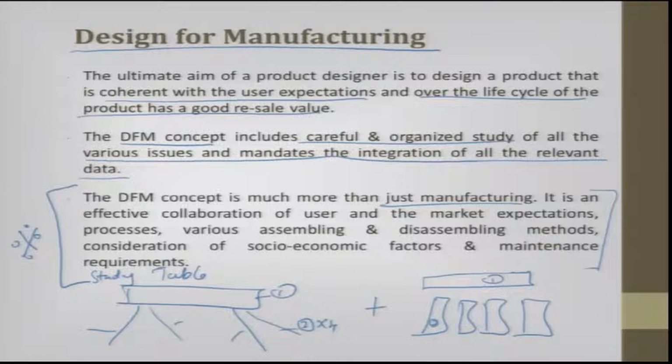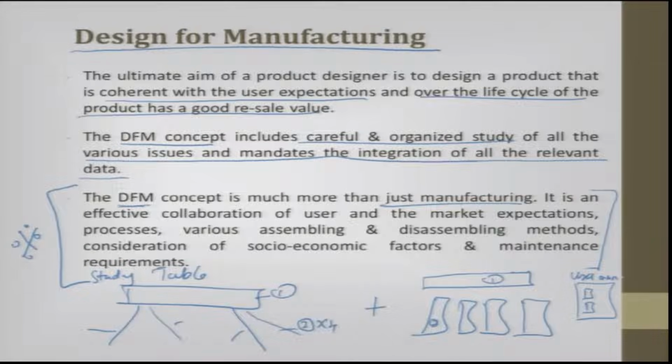So, this is part of DFM. What they have done is, they have kept in their mind, along with concurrent engineering, that transportation is going to be costly for this table. So, let us do it disassembled and let us ask the customer to assemble, wherein a user manual is given which is more pictorial, and just by looking at it, the customer is able to understand what has to be done and he does it by himself.